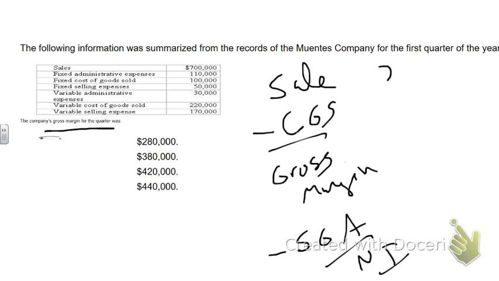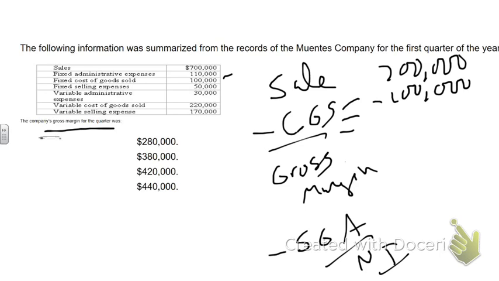So starting at the top, my sales are 700 grand. Now it didn't tell me my cost of goods sold, so I'm going to have to figure that out. It's going to consist of the fixed cost of goods sold, which is 100 grand. That's the fixed cost.